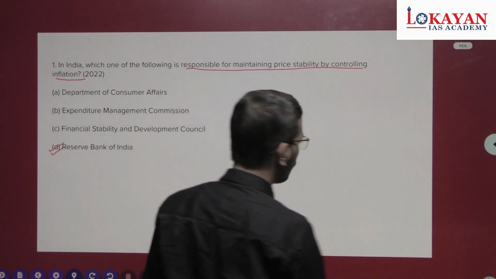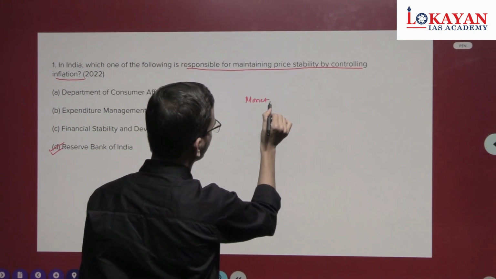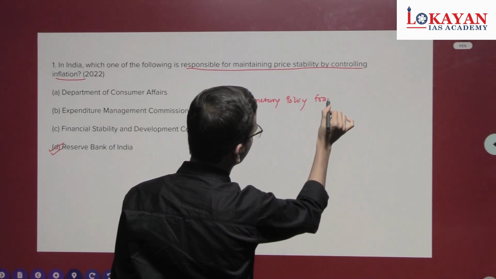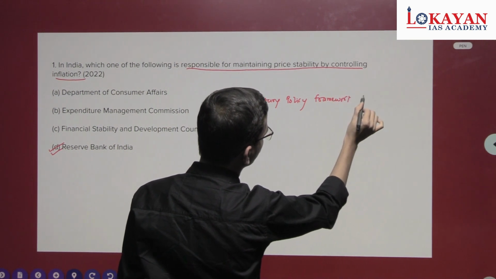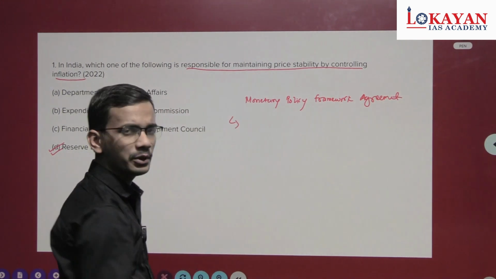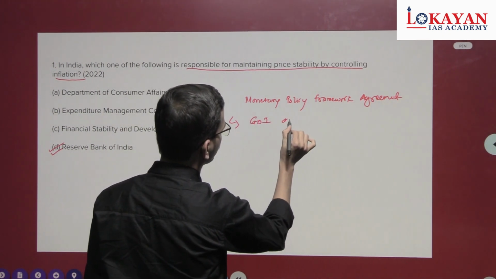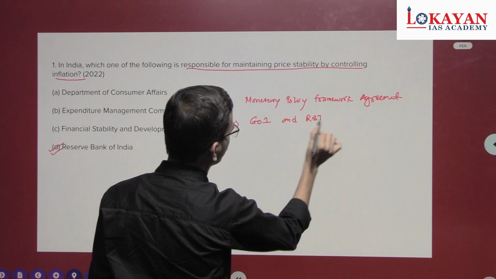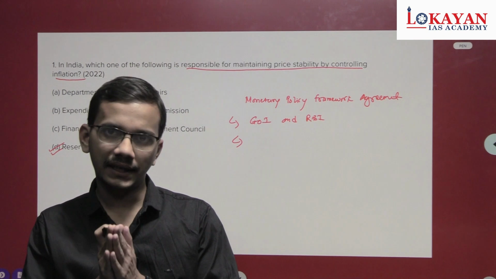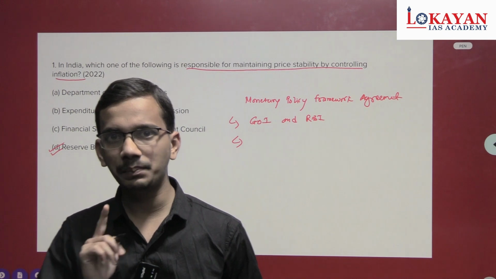We know about Monetary Policy Framework Agreement, signed between Government of India and RBI. As per the agreement, it is responsibility of RBI to maintain the inflation between band of 4% plus or minus 2% CPI.